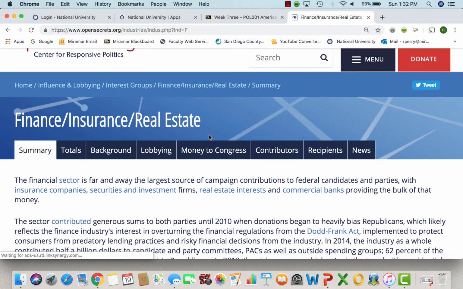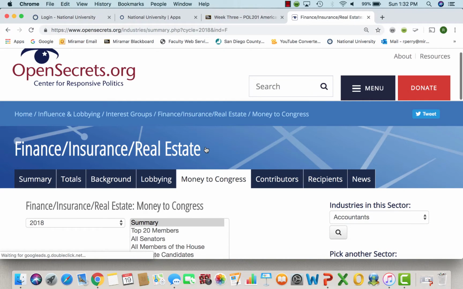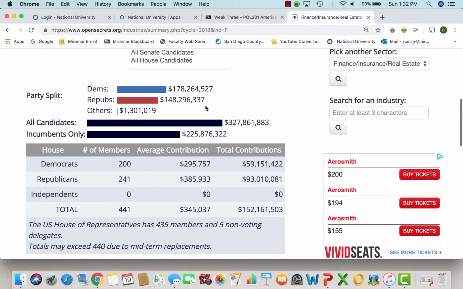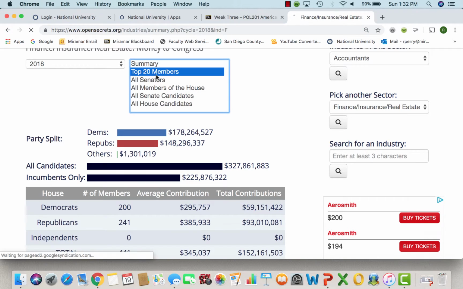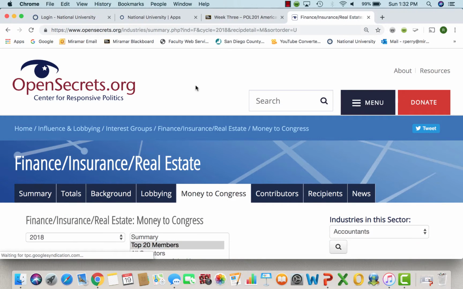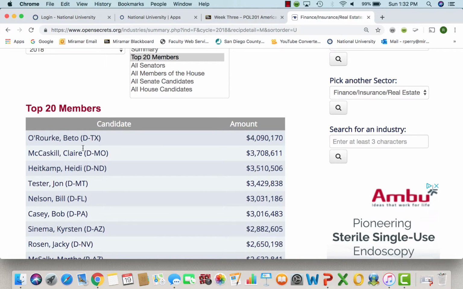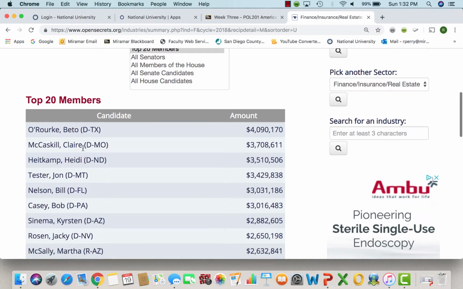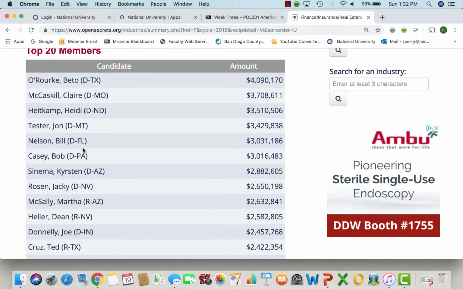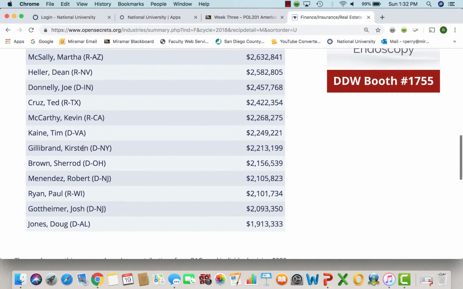If you click on that and see money to Congress, and we look at the top 20 members of Congress, it tells you how much the finance, insurance, and real estate industry has given. As we can see, Beto O'Rourke has gotten $4 million from the finance industry, and Claire McCaskill and a bunch of other members of Congress. It's not really party specific unless you get into a single issue interest group. But if you look at this, you can see how much money is involved.